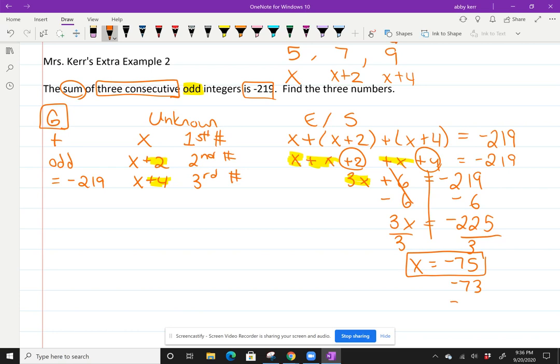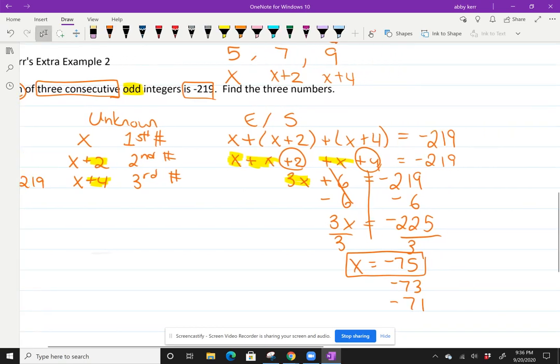And then negative 71. You can check your answer: negative 75 plus negative 73 plus negative 71 gets us to the negative 219. If you thought it was negative 77 going that direction, if you checked your answer, it would get you a different number than negative 219.